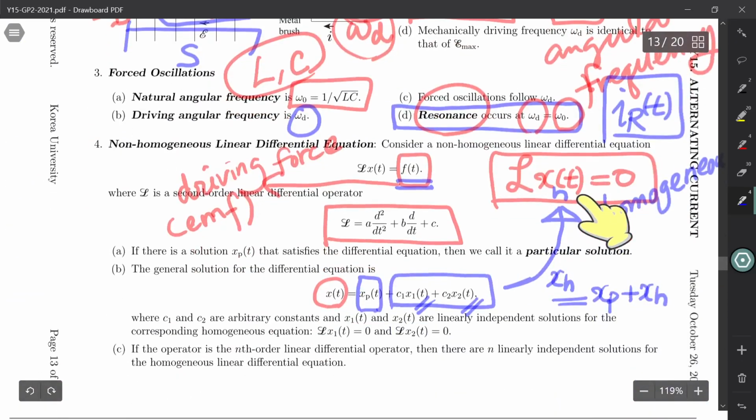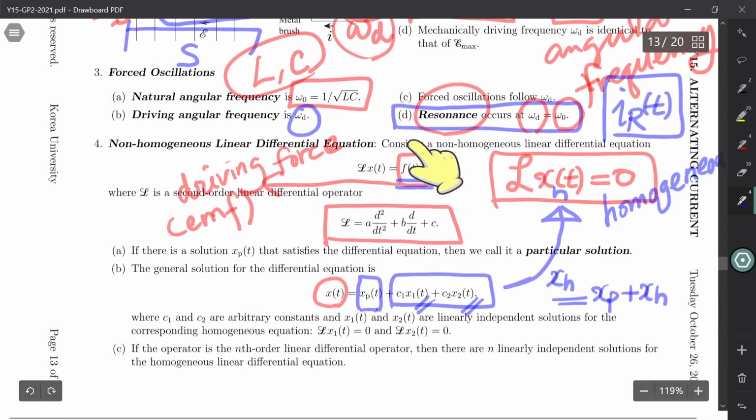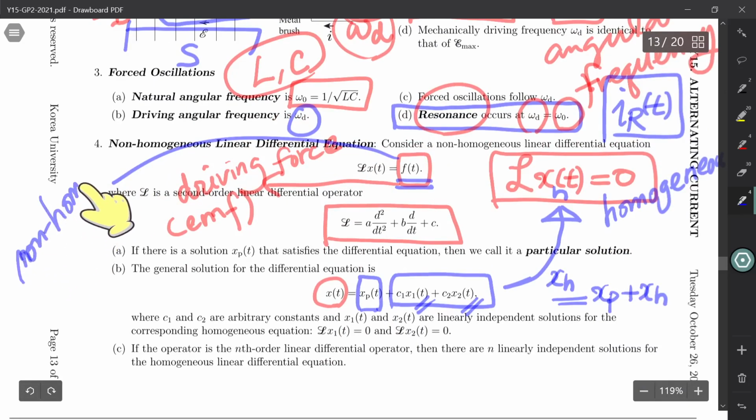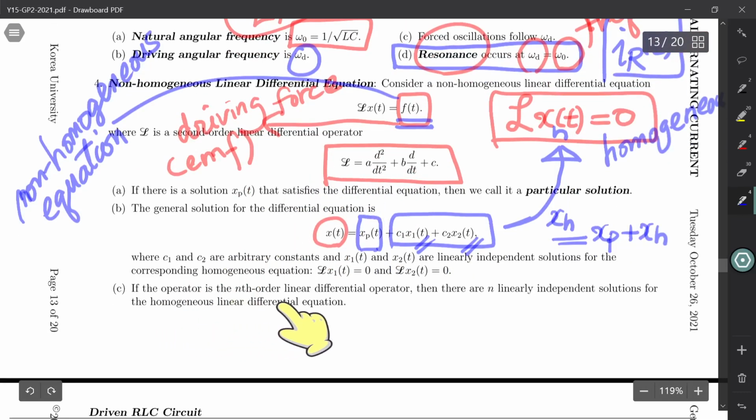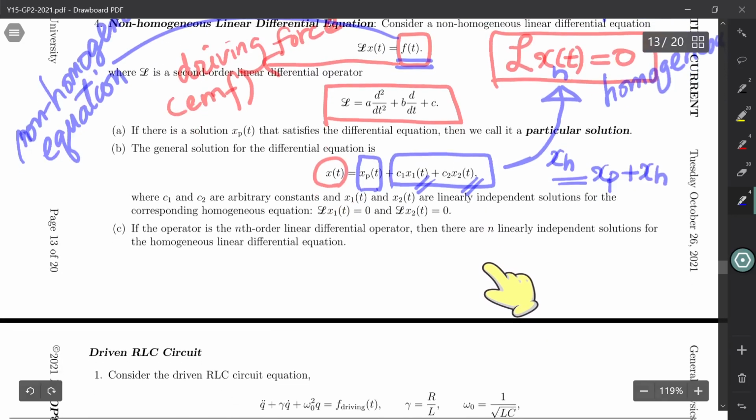And this is non-homogeneous. If the operator is nth order linear differential operator, the particular solution is obtained in a similar manner, and the homogeneous equation solution is a linear combination of n linearly independent solutions.